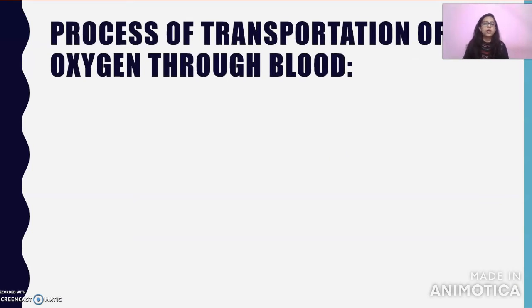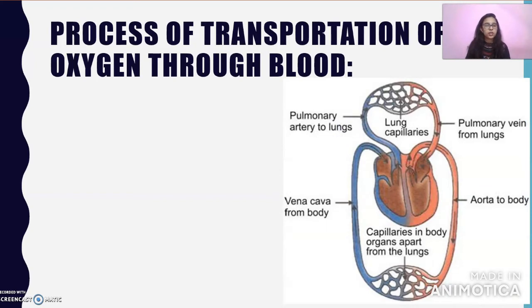Now, the process of transportation. Children, this is also called the double circulation process. Our body is doing double circulation. As I told you while explaining the heart structure, deoxygenated blood enters the right atrium, then goes to the right ventricle.